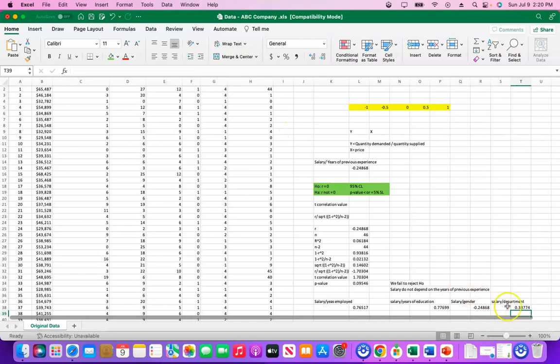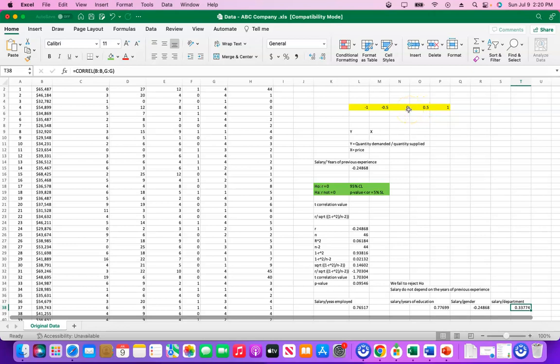So this correlation, we can say it is positive, but it is less than 0.5, and so we would say it may not be a significant correlation because it's way below 0.5.